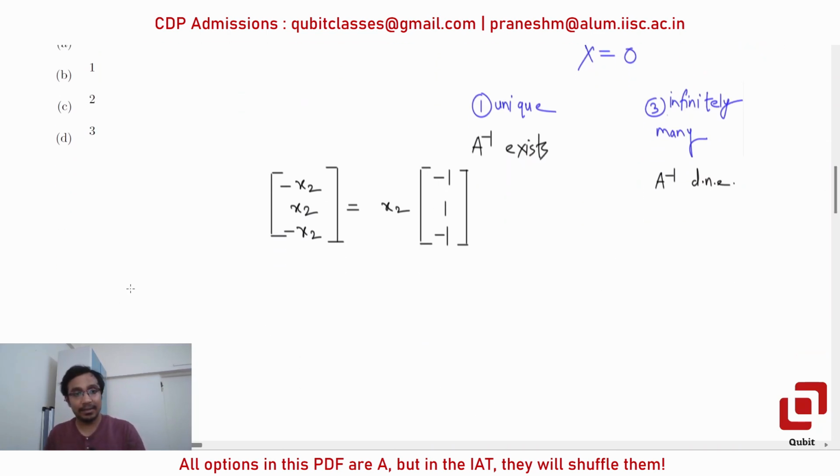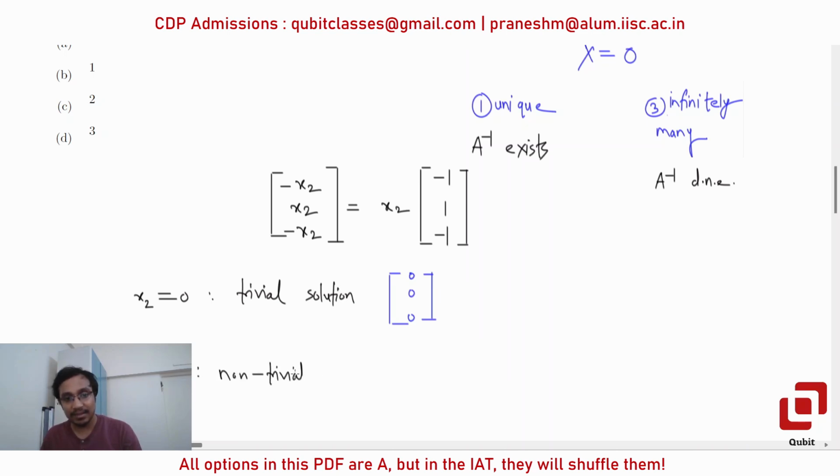It tells us that when x2 is 0, we get the trivial solution. Trivial solution means the solution corresponding to the 0, 0, 0 case. But when x2 is non-zero, we get non-trivial solutions.